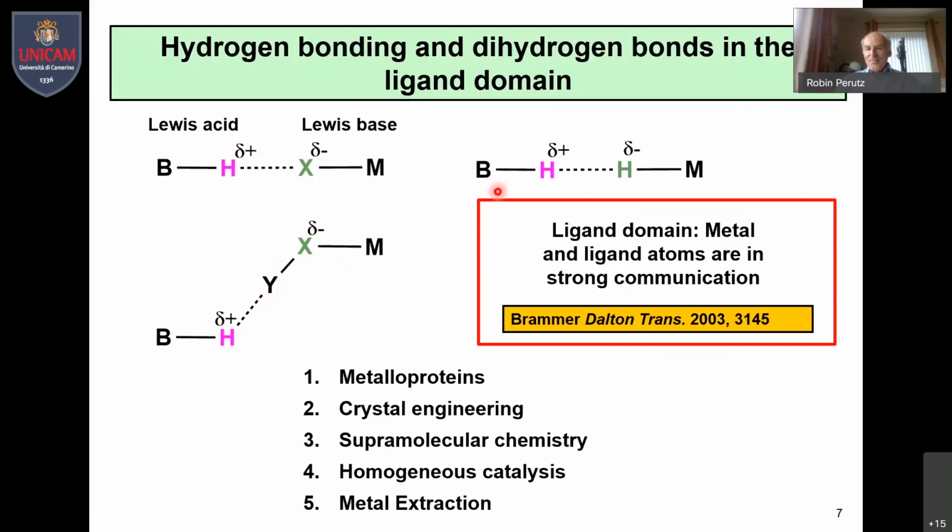A dihydrogen bond is a different sort of hydrogen bond because the delta minus, the Lewis base, is a hydride. And so we have MH delta minus interacting with BH, and here's the delta plus. This is called a dihydrogen bond.